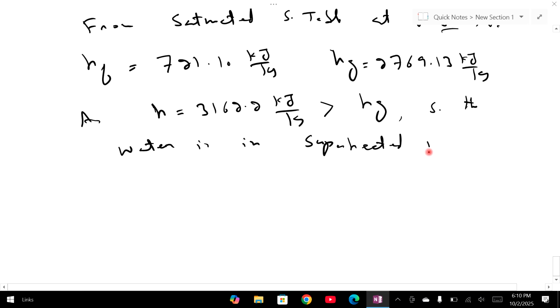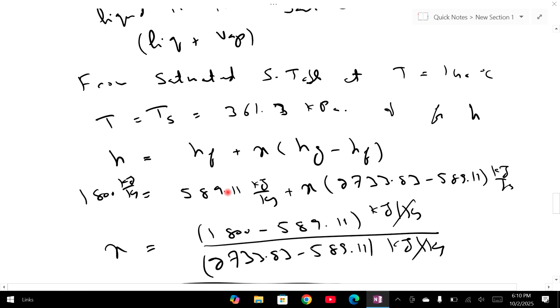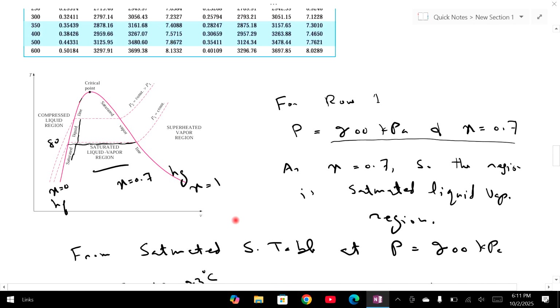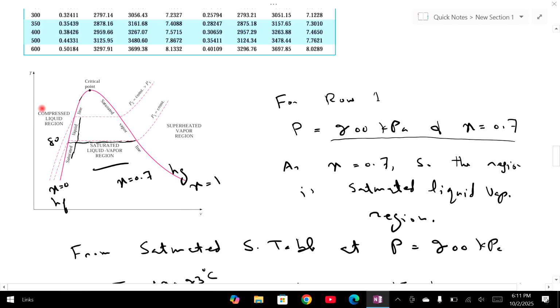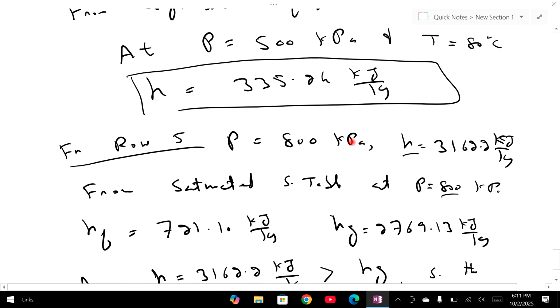This is the PT diagram. In the TV diagram, Hg is on the saturated vapor line, and the value of H given to us is more than Hg. So we will use the superheated steam table.